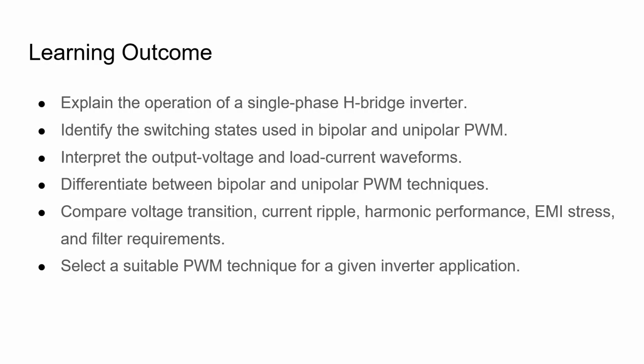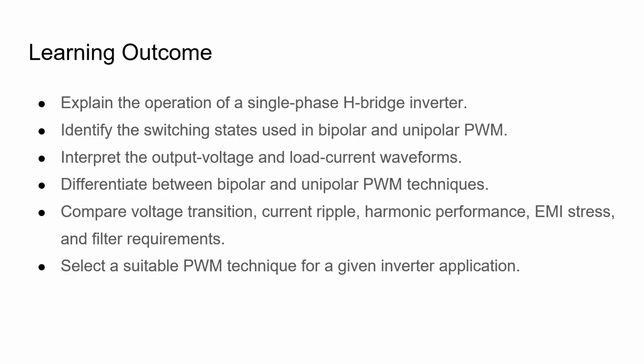After completing this session, you should be able to explain the operation of a single phase H-bridge inverter. You should also be able to identify and interpret the output voltage and load current waveforms for both cases, bipolar and unipolar PWM.